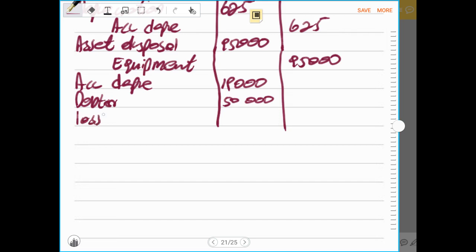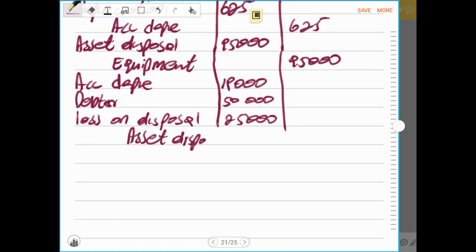We debit loss on disposal by an amount of 26,000 rands, and we credit asset disposal by the total of the three, and the total of the three gave us 95,000 rands. So now that is just very straightforward.